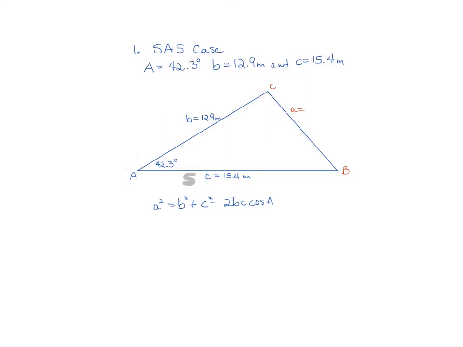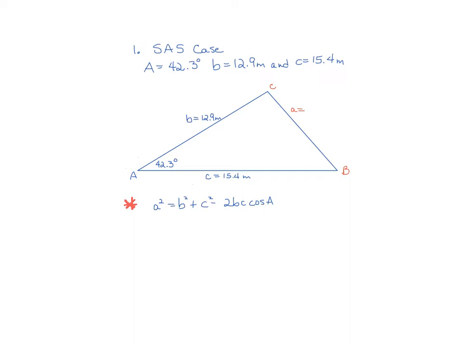The first thing we need to find is little a. I'm going to use this equation: a squared is equal to b squared plus c squared minus 2 times b times c times the cosine of A. Let me replace what I know.